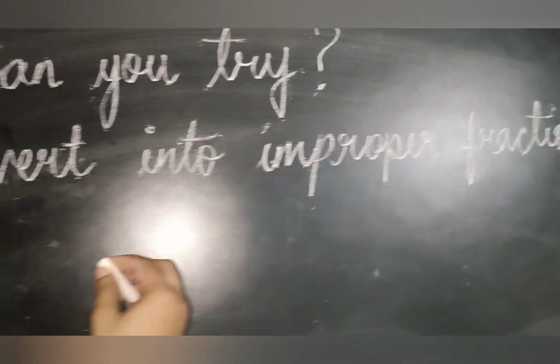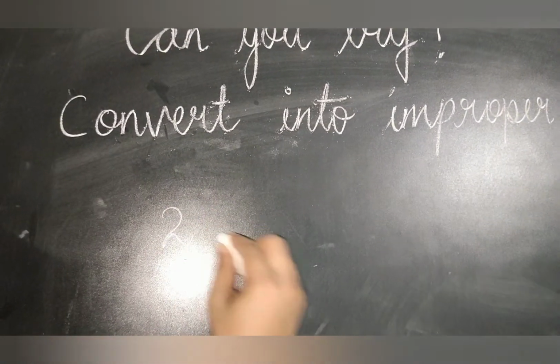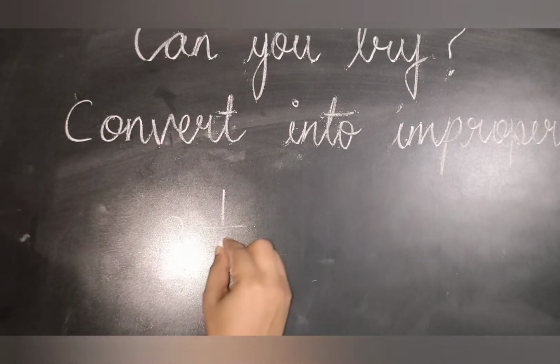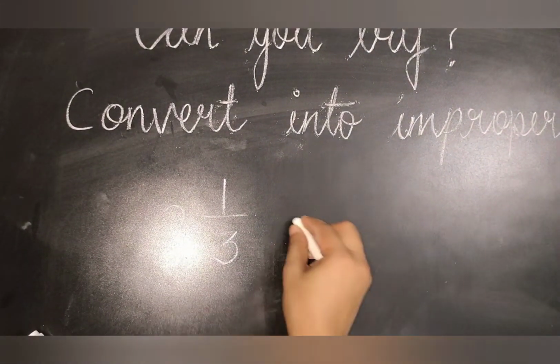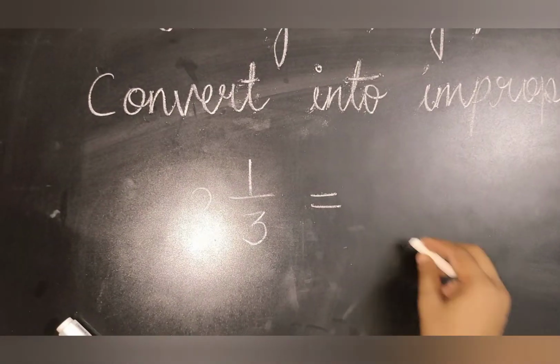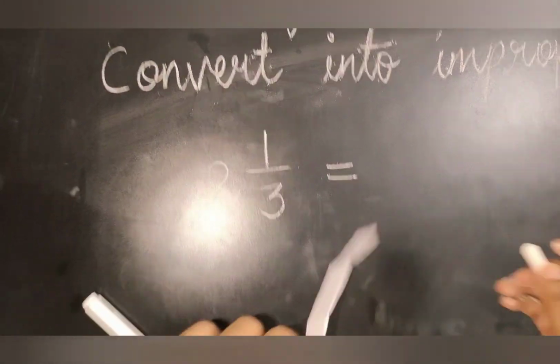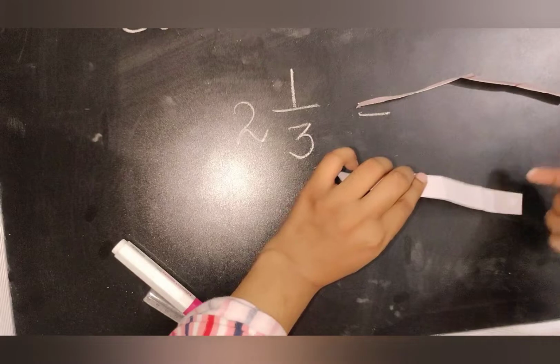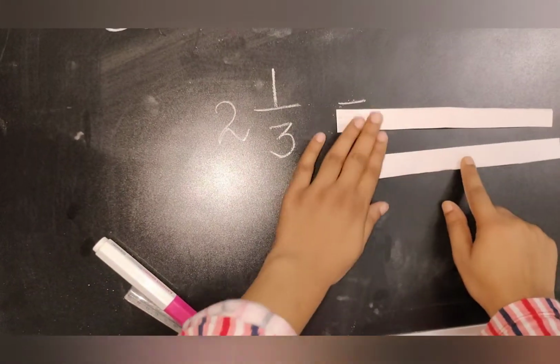The number is 2 as the whole number and 1/3 part is shaded. So you have to convert it, show the answer, and show it by this activity method also. Okay, thank you.